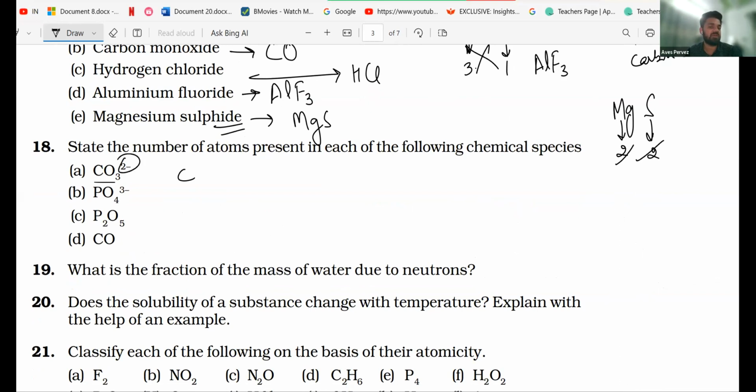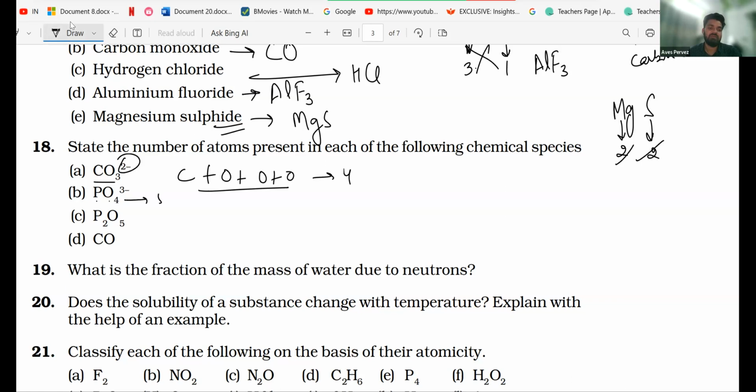This is charge only. So 1 carbon and 3 oxygen atoms combined together form 4 atoms. Understood? How many atoms are there in this phosphate ion? 4 oxygen and 1 phosphorus. That will be 5. Total 5.